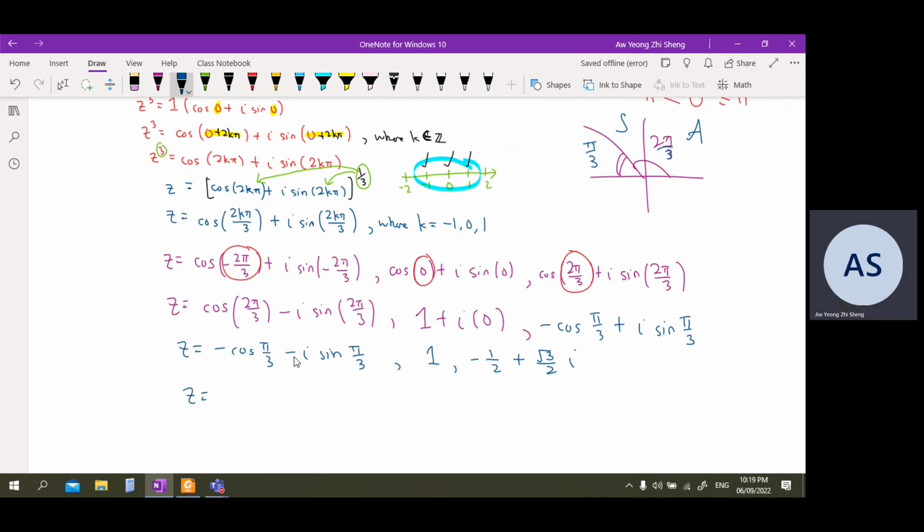And so I just write my first solution nicely now, negative 1/2 minus root 3 over 2 i. This is 1, this is minus 1/2 plus root 3 over 2 i. These are your three solutions.